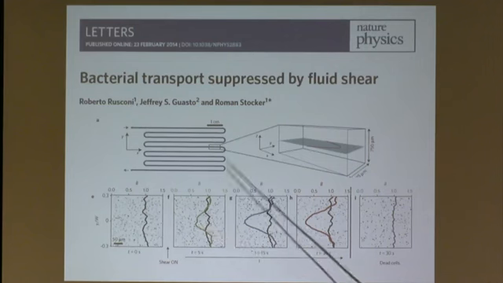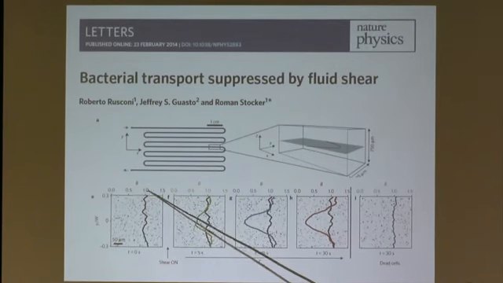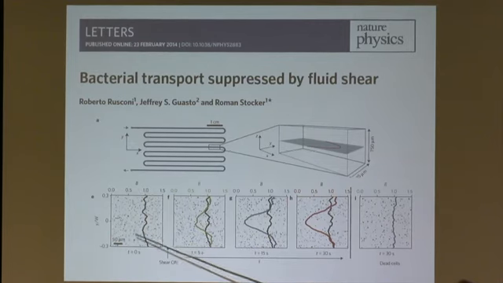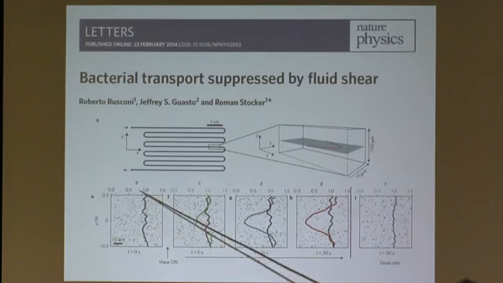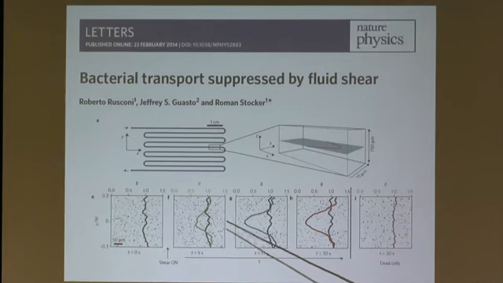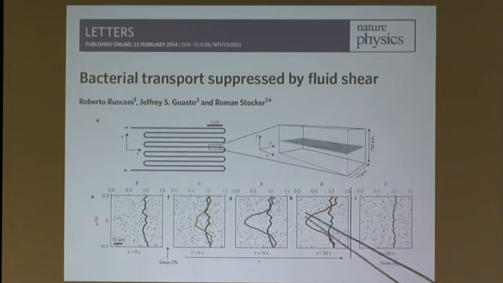What they found is that initially, in the absence of any shear, the bacteria, these little black dots, are uniformly distributed across the channel in the y direction. The black line is the distribution of bacteria. When they turn the shear on, they find that the bacteria are depleted from the centre.